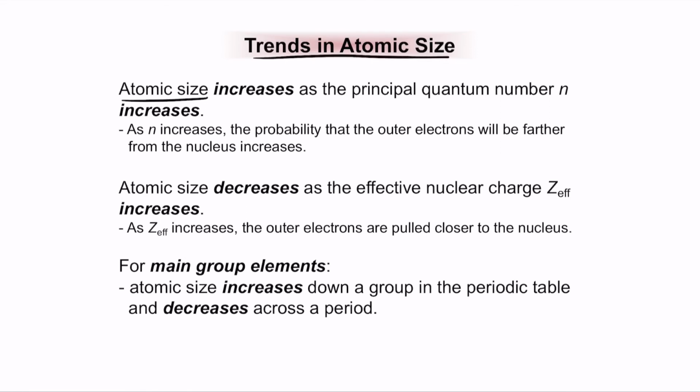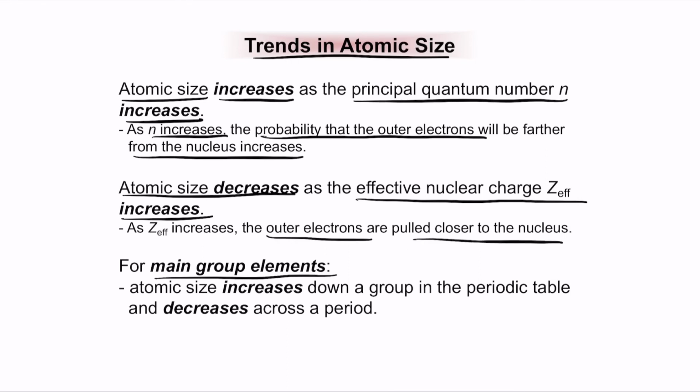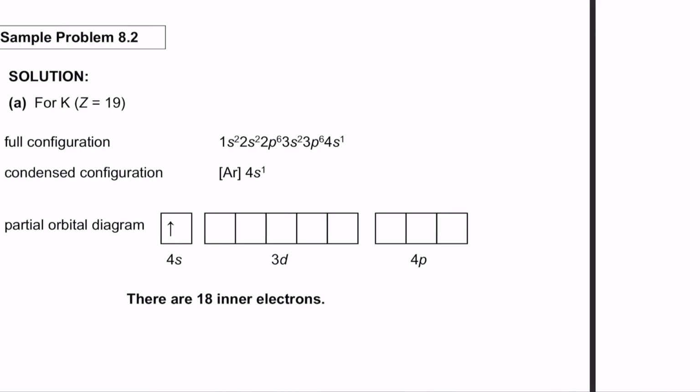Atomic size increases as the principal quantum number increases. As n increases, the probability that the outer electrons will be farther from the nucleus also increases. In the same way, the atomic size decreases when the effective nuclear charge increases, because there is more attraction and the outer electrons are pulled closer to the nucleus. In terms of main group elements, the atomic size increases down a group and decreases across a period. So what is a group and a period?